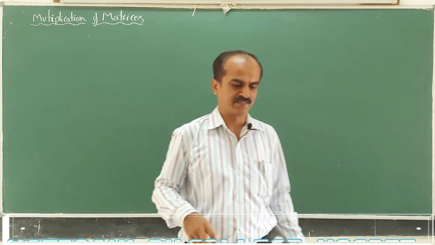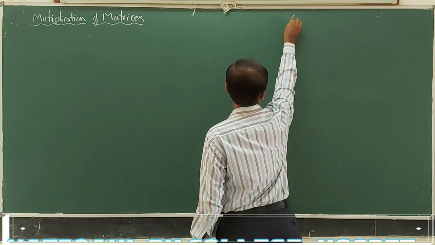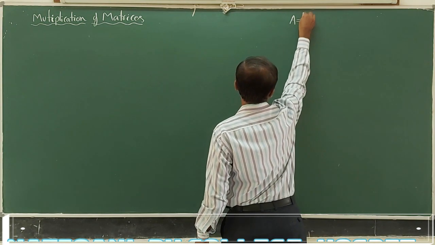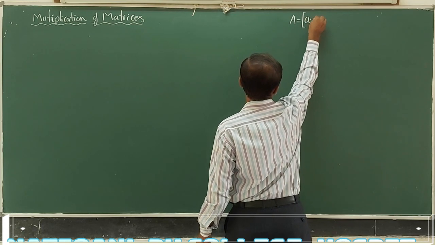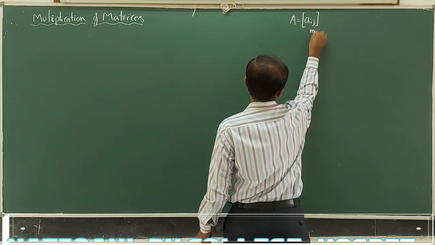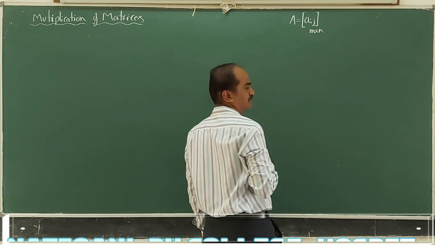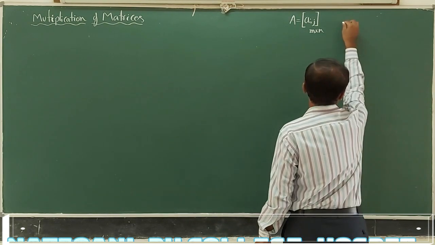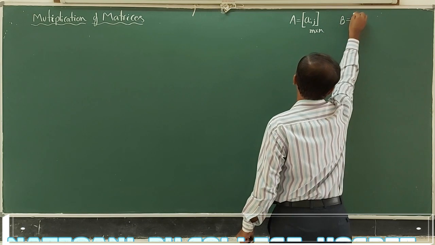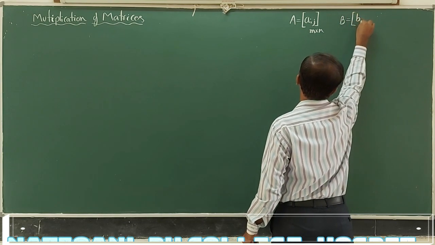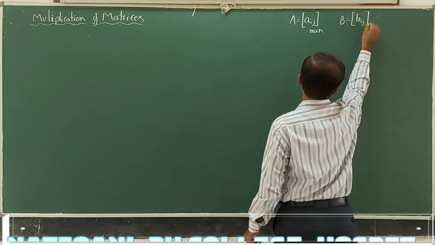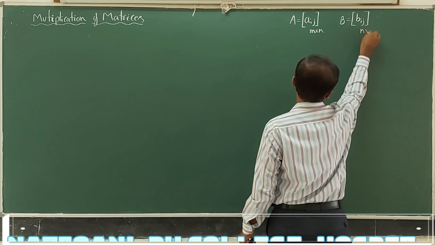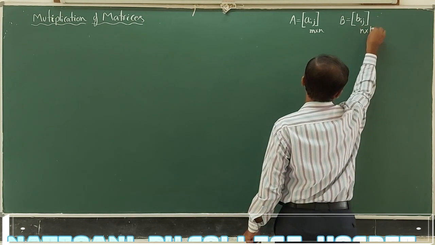Now let me write in general. A is a matrix whose entries Aij, of order m by n. B is a matrix whose entries Bij, and is of order n by p.